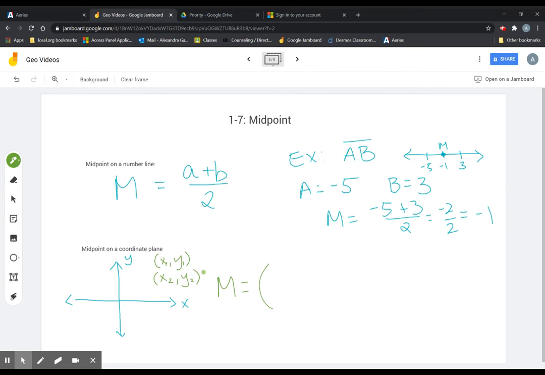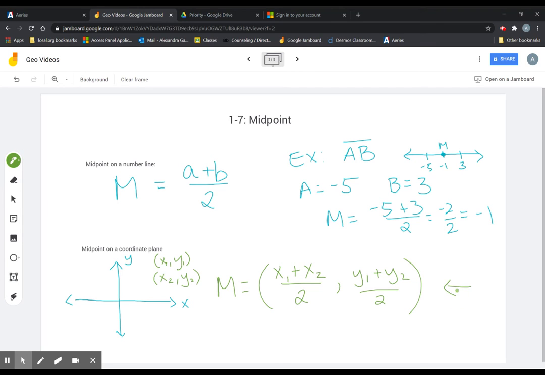That just means first X, second X, first Y, second Y. We're going to take X1, add it to X2, divided by 2, and Y1, Y2, add them together, divide by 2. So this is what we'll be using right here.